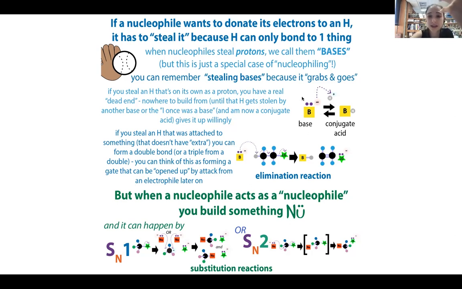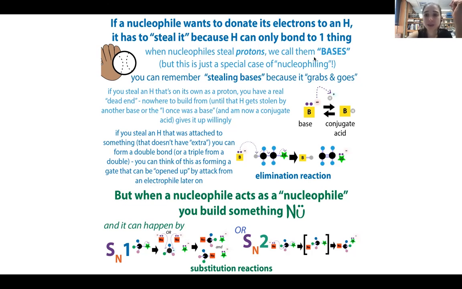What we're talking about is basically that if the nucleophile attacks an electrophile, you can build on from that and make a new bond. But if it takes a proton as a base, then it's kind of a dead end, because that hydrogen can't attach to anything else. This is why it really isn't as confusing as it seems, that a base is an electron pair donor.